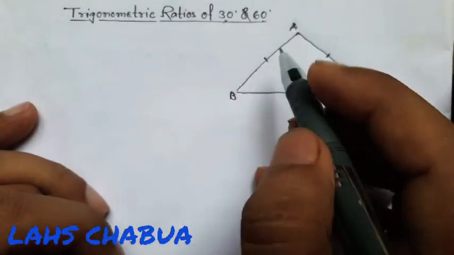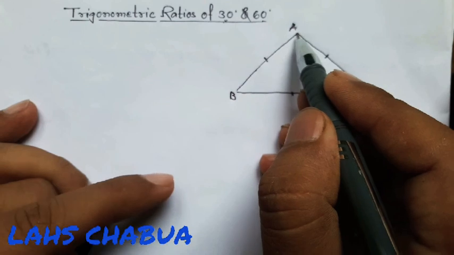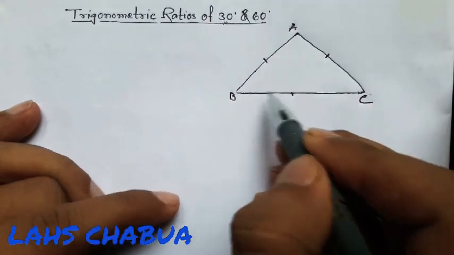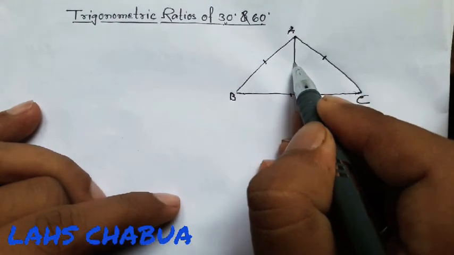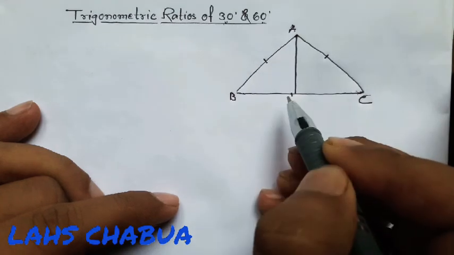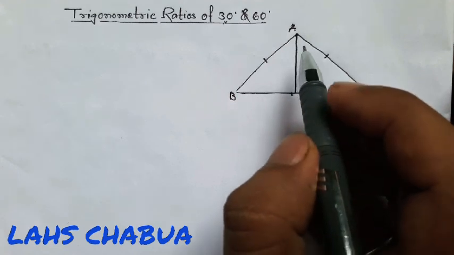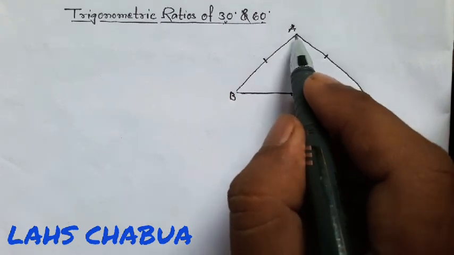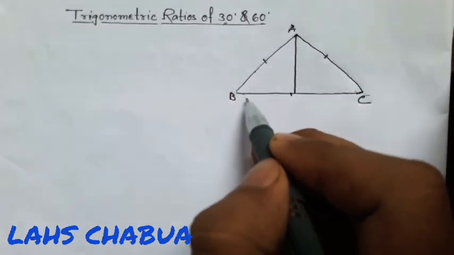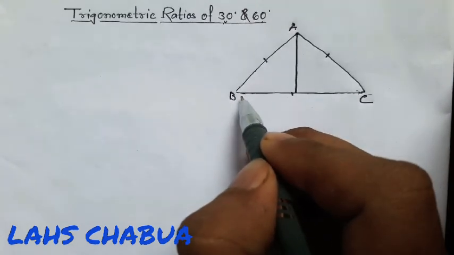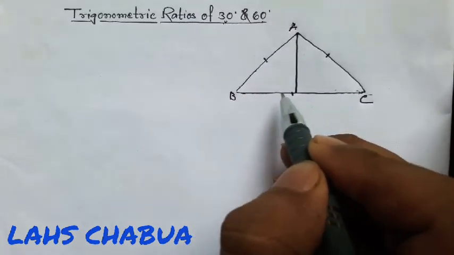Now we are going to draw a perpendicular from the vertex A on the side BC. As you have learned in geometry, when a perpendicular is drawn from the vertex of an equilateral triangle to its base, it bisects the base. It divides the base into two equal parts.